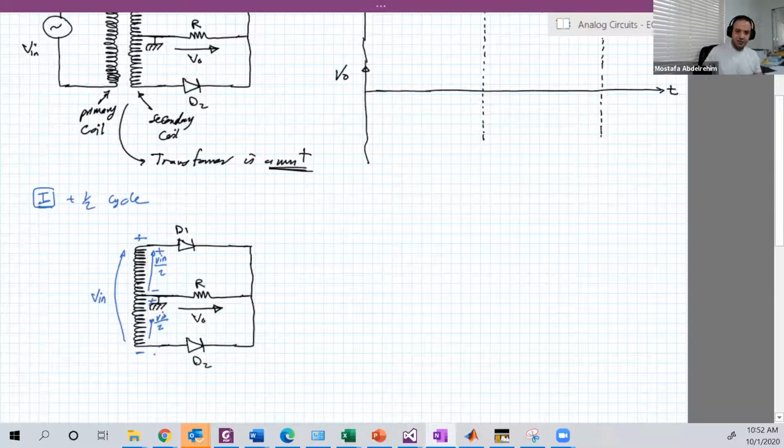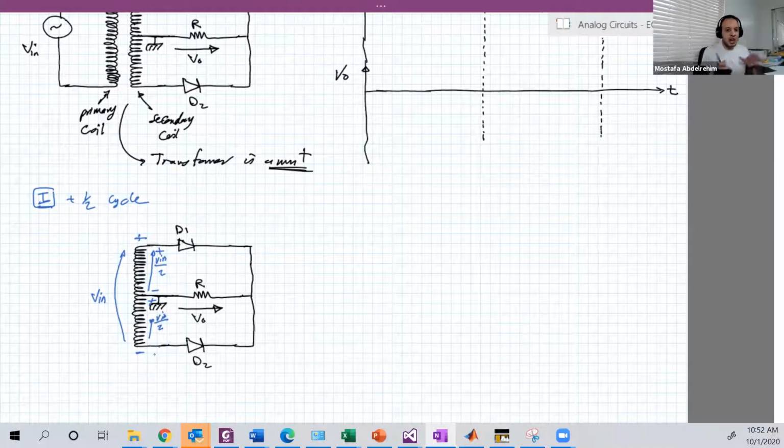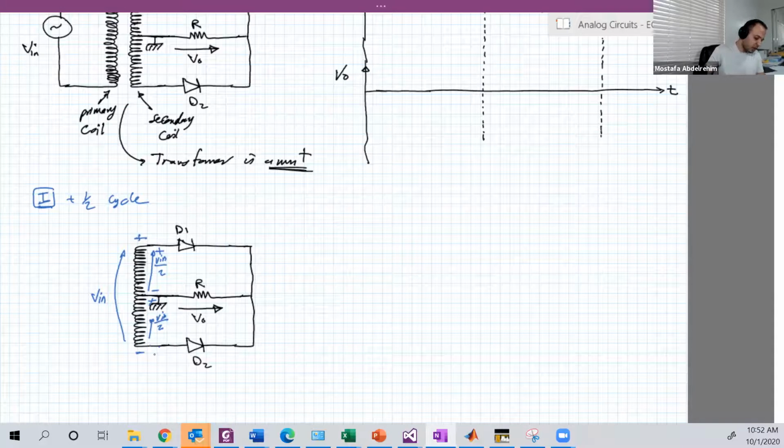It's relative. And this is, by the way, what the center tape is doing. It creates such a kind of polarity, you can say.